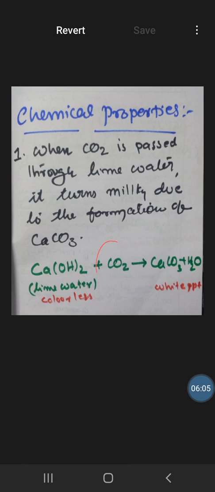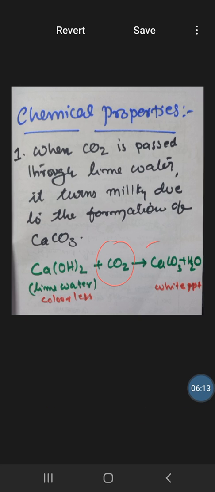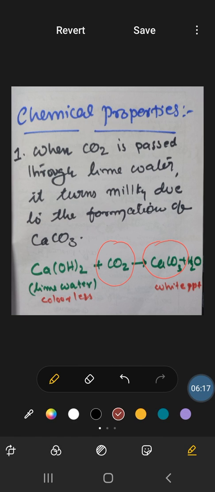Then if you pass carbon dioxide through that clear solution of lime water, it will be converted into calcium carbonate. That is, calcium carbonate is insoluble. It is an insoluble white precipitate. So this solution becomes milky.